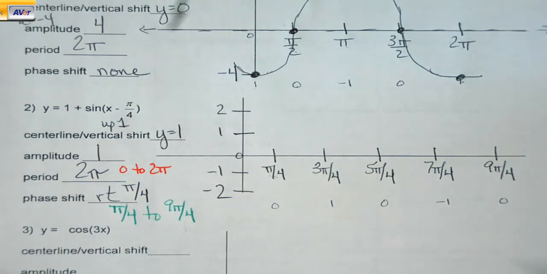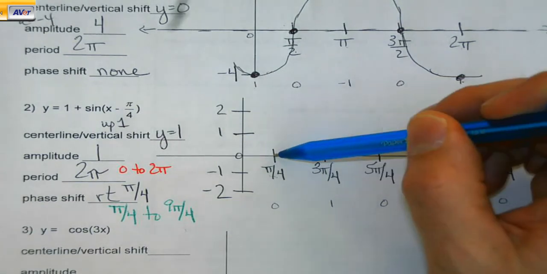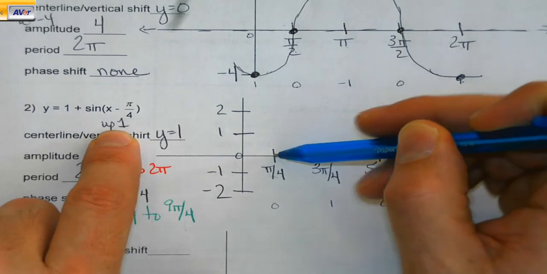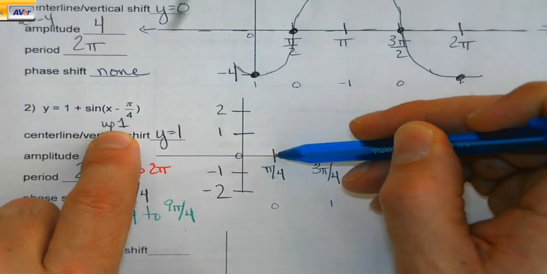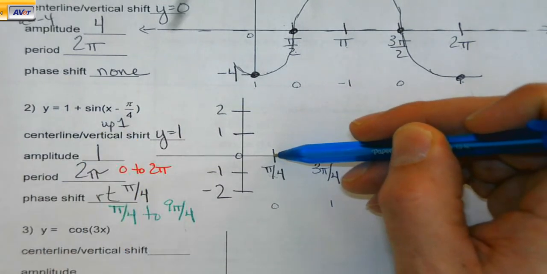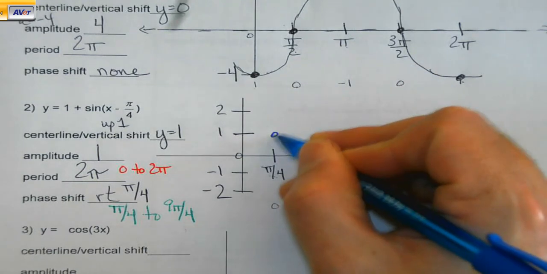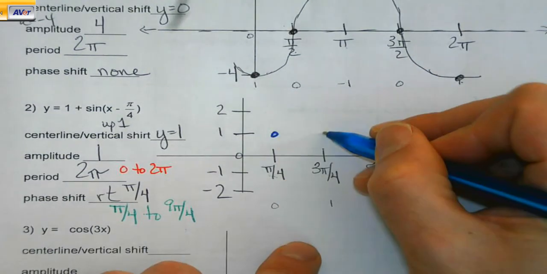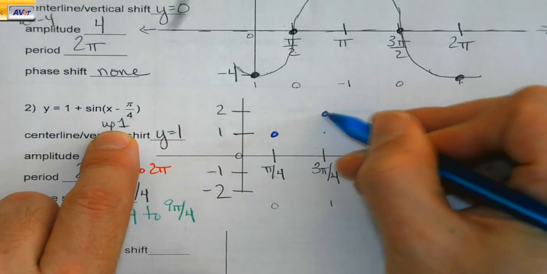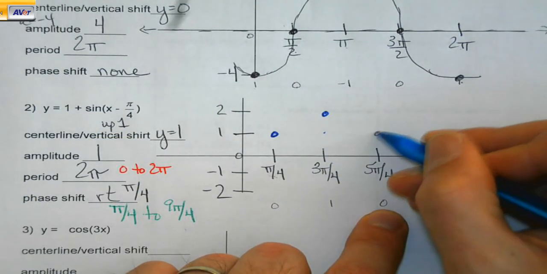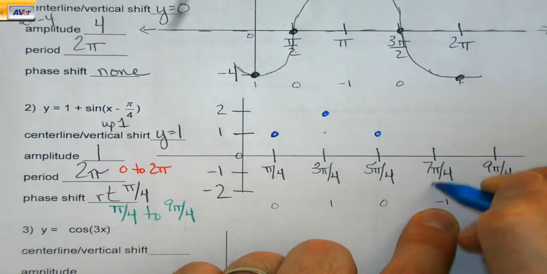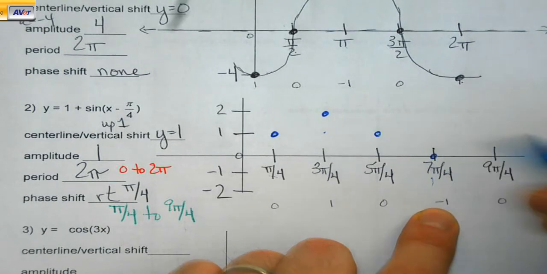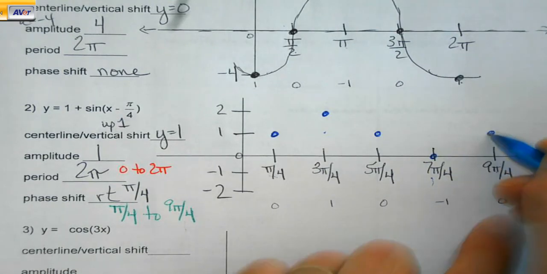However, I start at 0, but I got to do my up 1. My vertical shift, my center line, is always going to be the last thing I'm doing. Okay, start at 1, go up 1. Start at 0, go up 1. Start at negative 1, go up 1. Start at 0, go up 1.